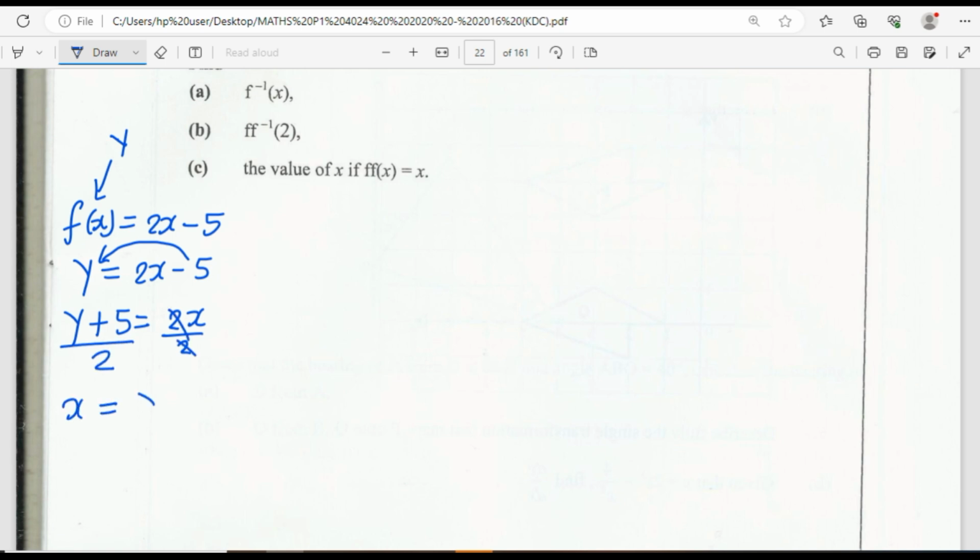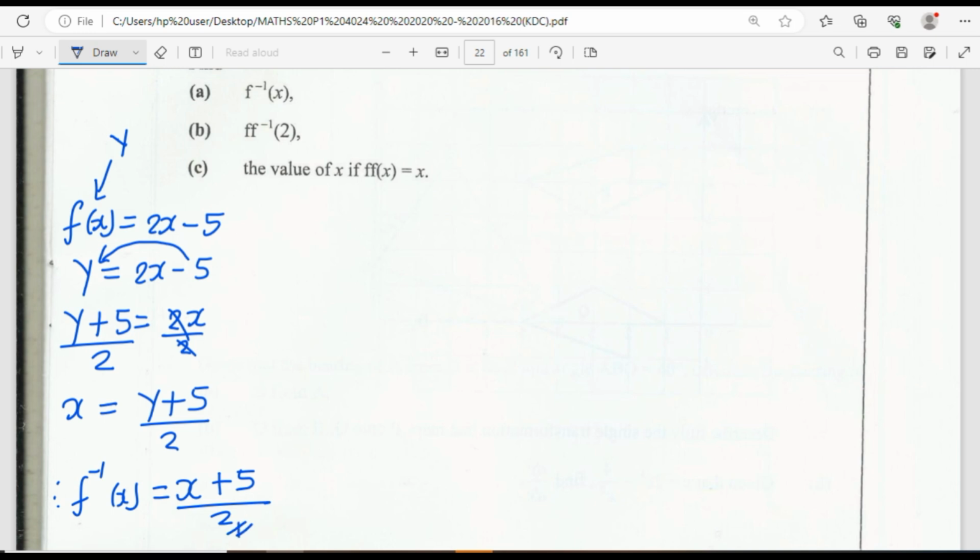X is equal to (y plus 5) over 2. After we are done, we can say therefore f inverse of x is equal to what we have formed on the other side, where there is y we bring back x: (x plus 5) over 2.